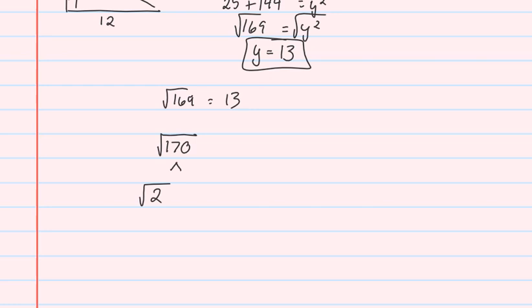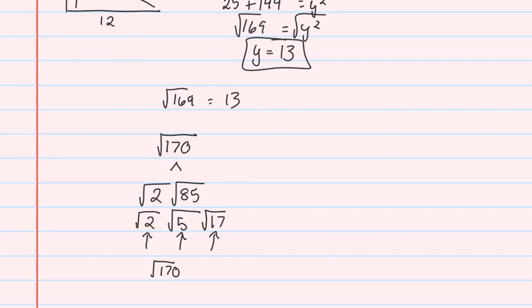So that's 2 times 85. And then I can break apart 85 even more into 5 and 17. I can't break 2, 5, and 17 down any further, so because I can't take the square root of any of those pieces, I'm just going to put them back together.